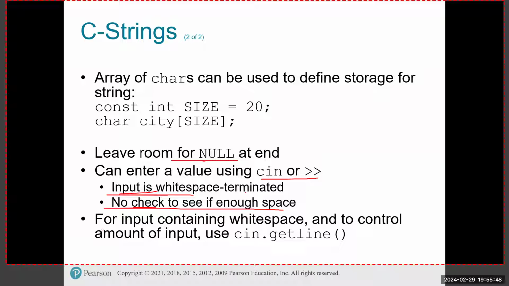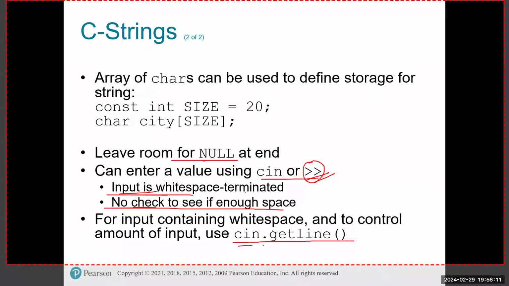So for input containing white space and to control the amount of input, you should be using getline. You should not use the extraction operator, because your input is white space terminated and you cannot check to see if enough space is there.